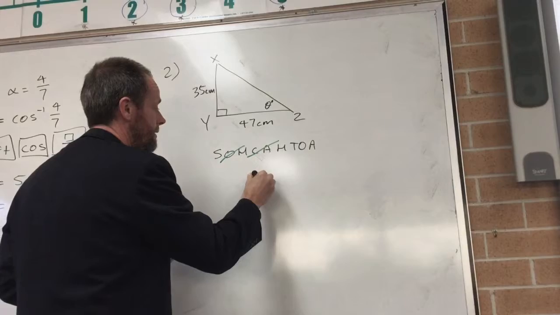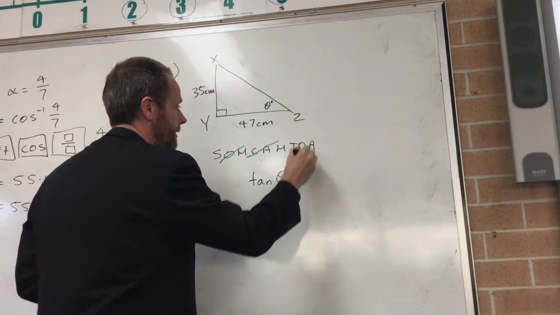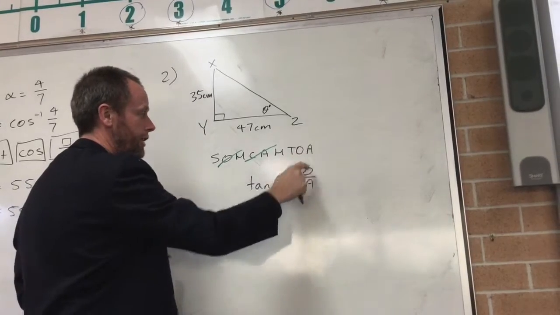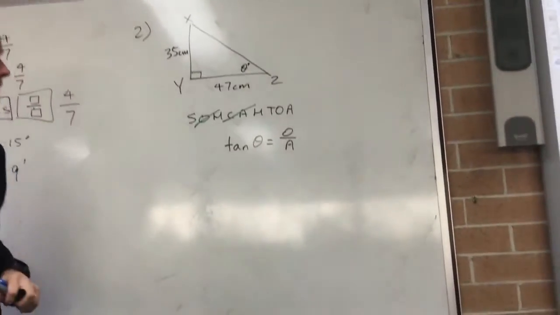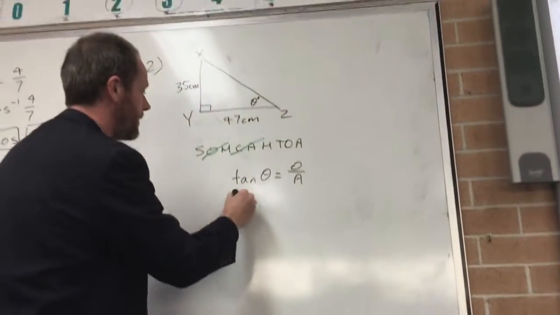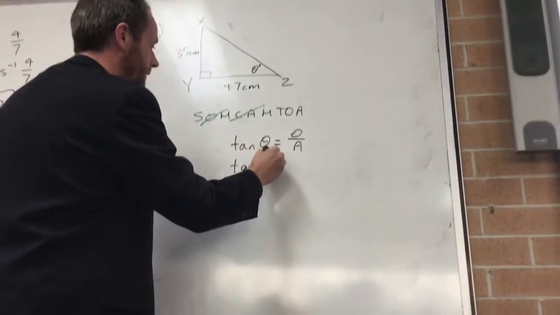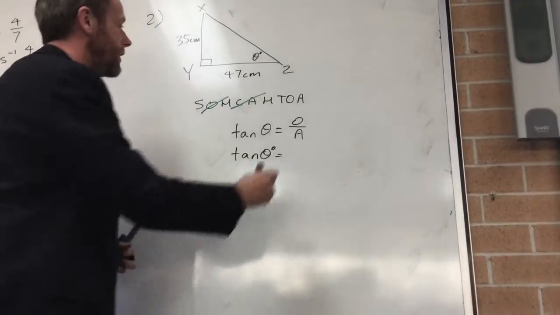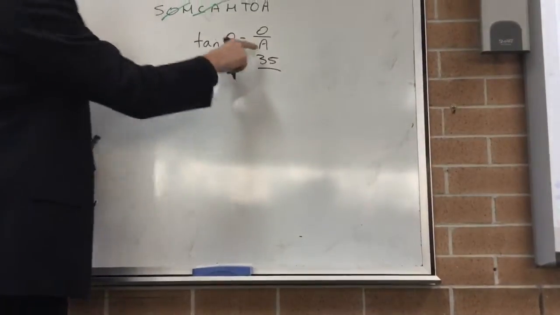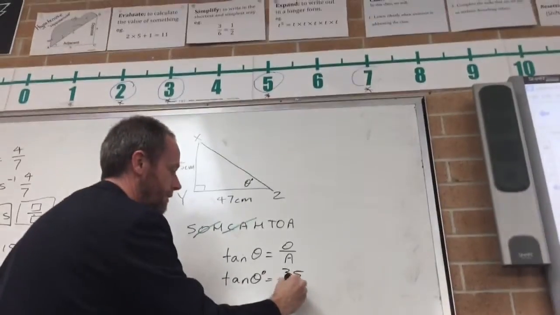So tan of theta is equal to opposite over adjacent. Remember, it's just the first letter and the second letter as a fraction. What do I have? Tan theta is equal to, my opposite is 35, my adjacent is 47.